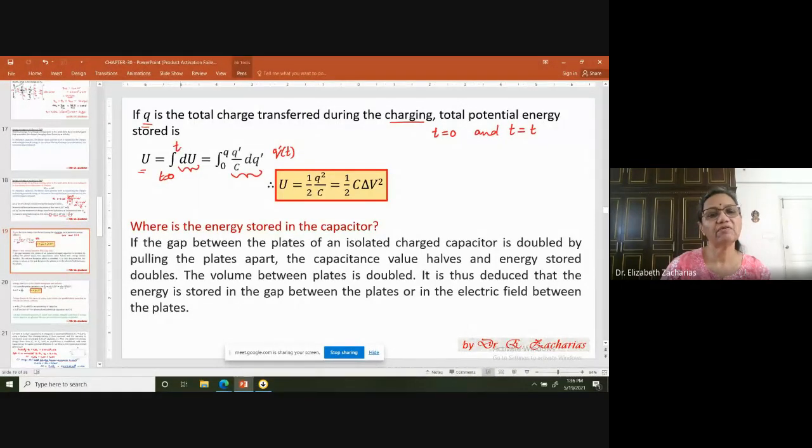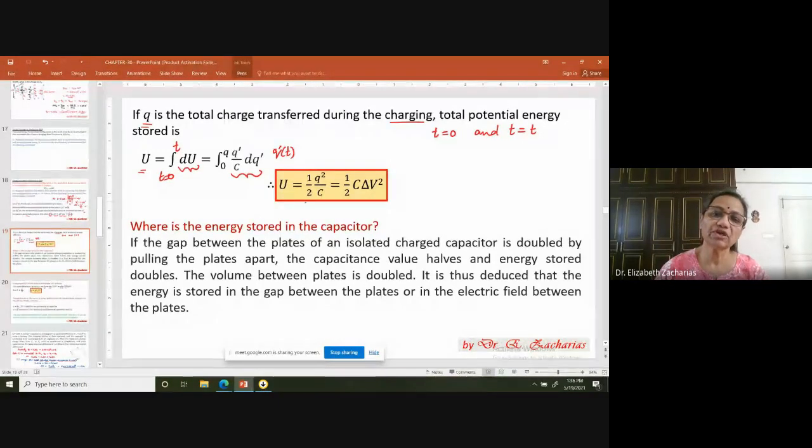At the final time, the total charge is Q. So you do the integration from 0 to Q. When you do this integration, 1 by C becomes a constant, so it comes out. And then you have the integral of q prime dq prime, which is simply q prime square by 2. So you are finally getting the expression for the total potential energy that gets stored because this potential difference was created in a time 0 to t.